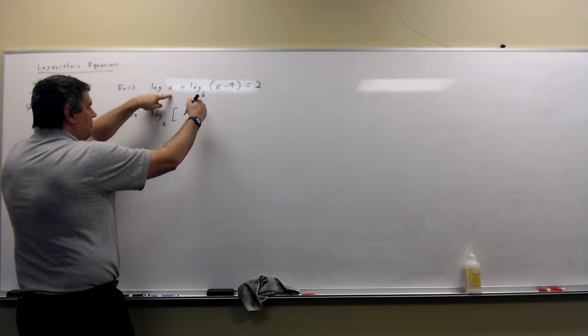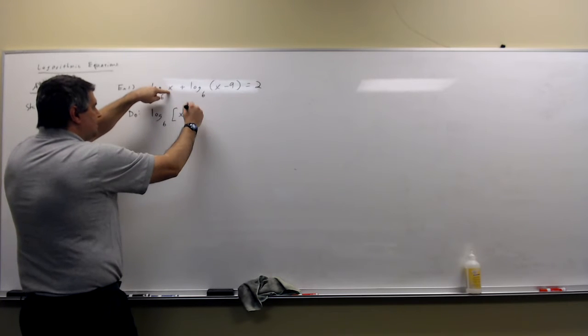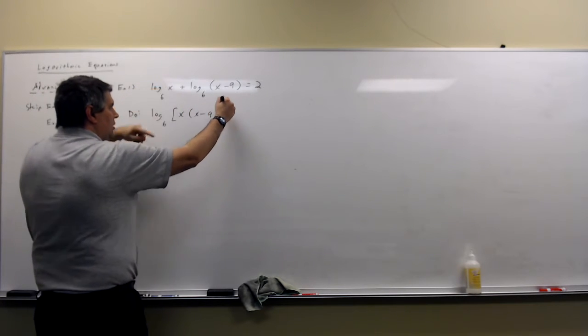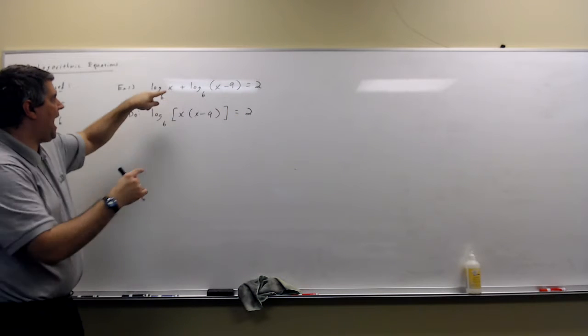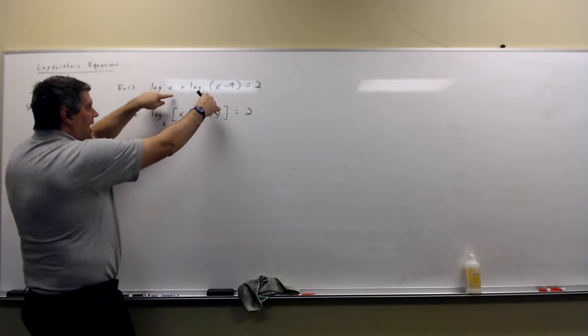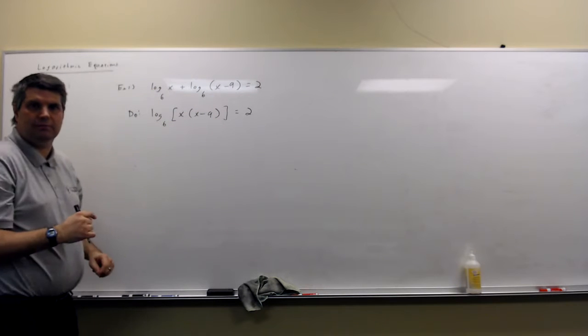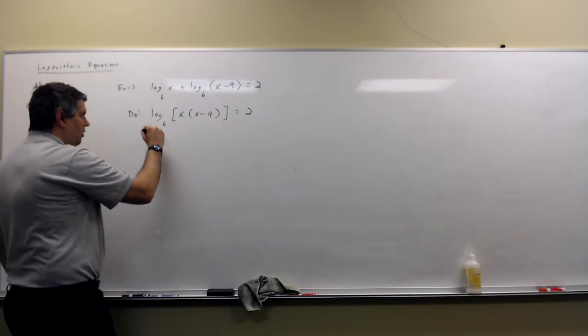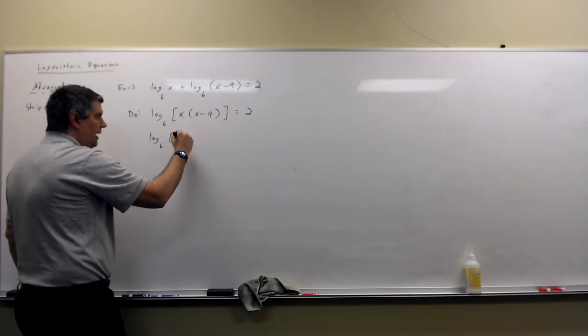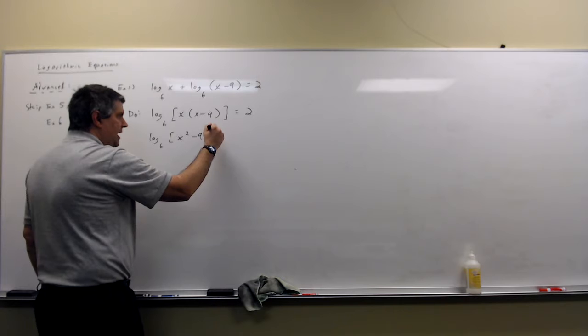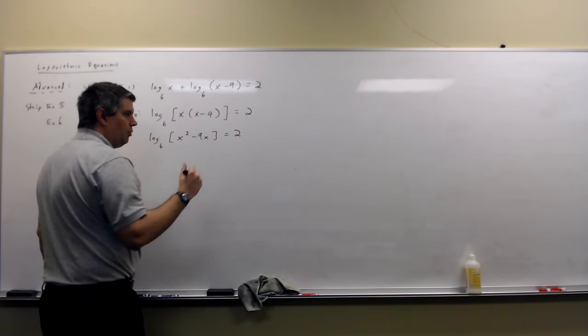So this is log base 6 of x times x minus 9. That gives me log base 6 of x squared minus 9x equals 2.